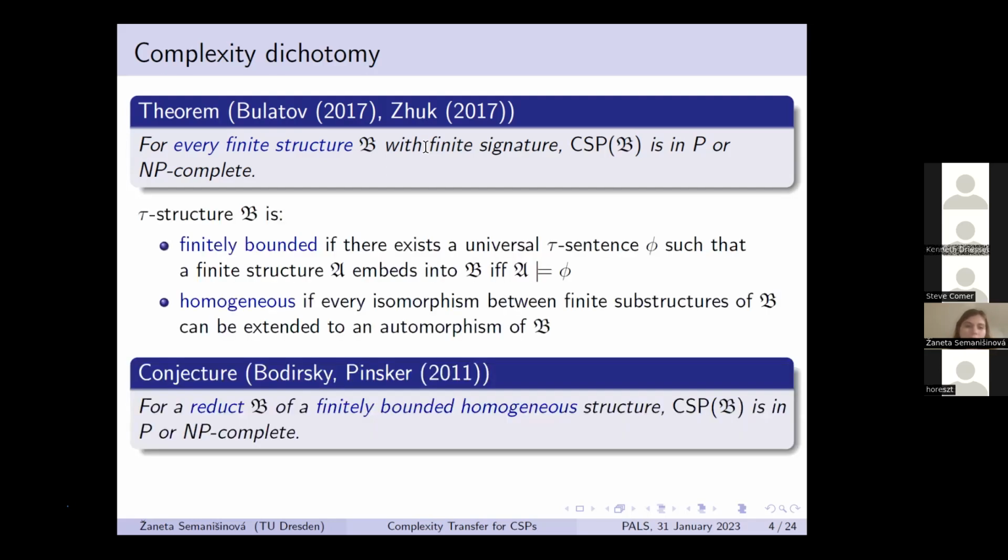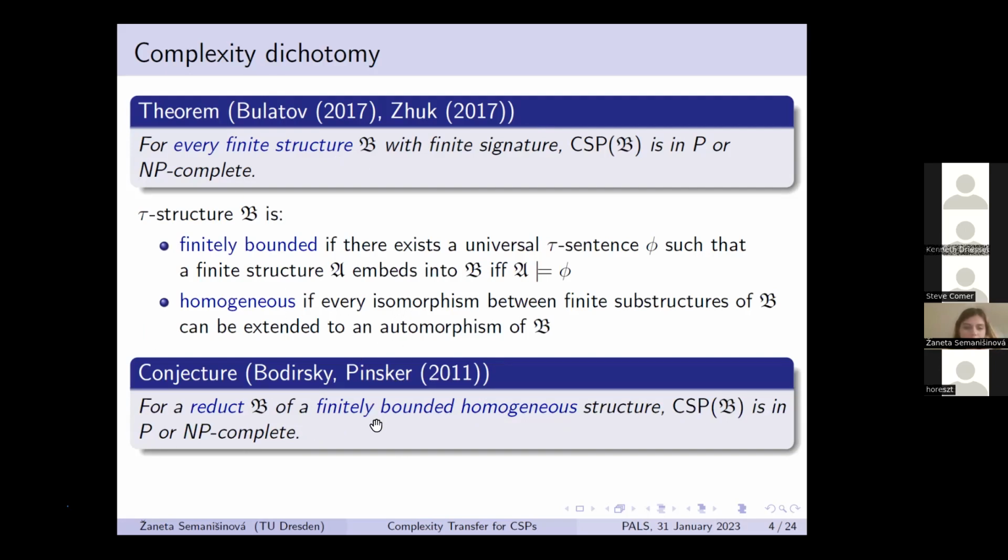Even sooner than this was proved for finite structures, there was a conjecture from 2011 by Manuel Wodirsky and Michael Pinsker that for reducts of finitely bounded homogeneous structures, this is again the case: there is a complexity dichotomy, either in P or NP-complete.